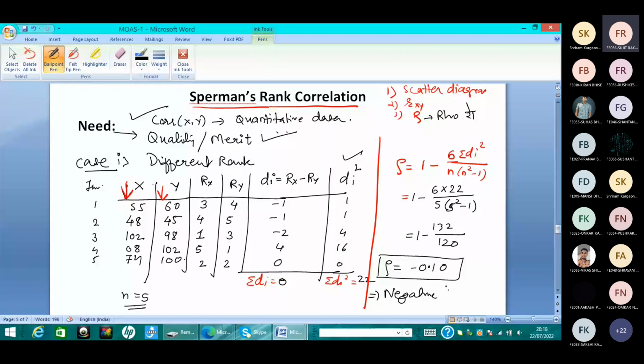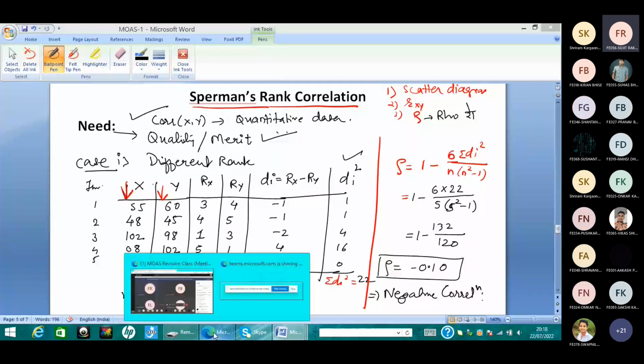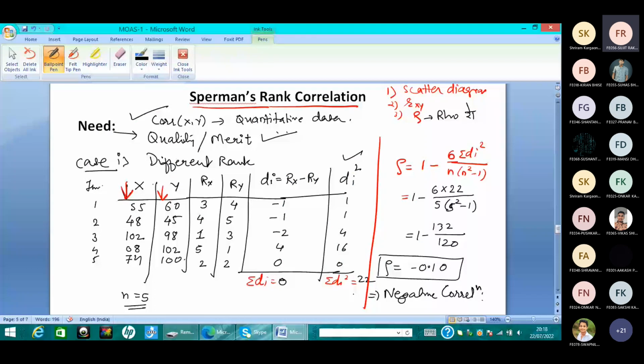All of you understand? Yes or no? If you understand it, please show your thumbs. Very good. So this is the rank correlation with no ties, meaning different observations, different ranks. Now we'll discuss case number 2.